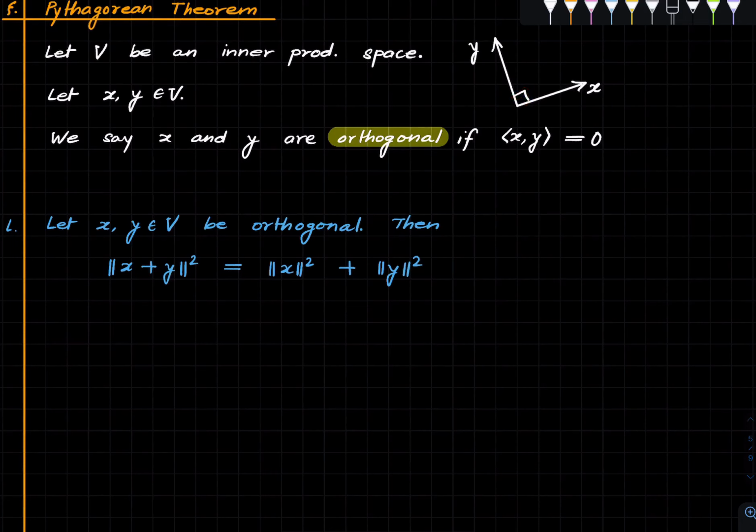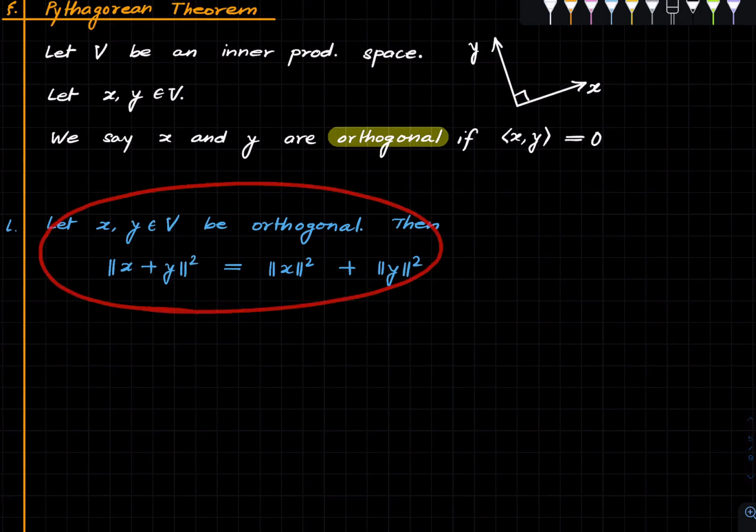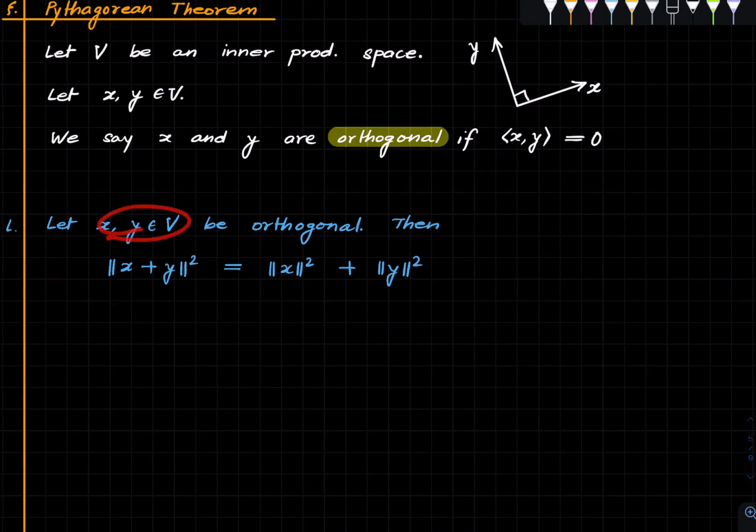So then obviously we have a Pythagoras theorem. If x and y are two vectors which are orthogonal to each other, then the square of the hypotenuse of the triangle formed by x and y is the sum of the squares of the sides. So maybe I'll import this picture. Imagine a triangle where one side is denoted by the vector x, the other side is denoted by the vector y.